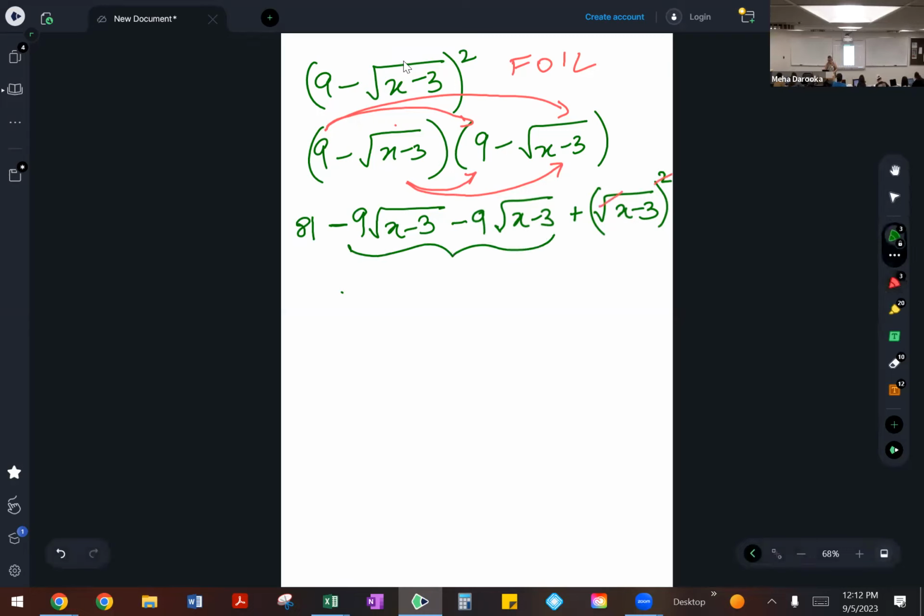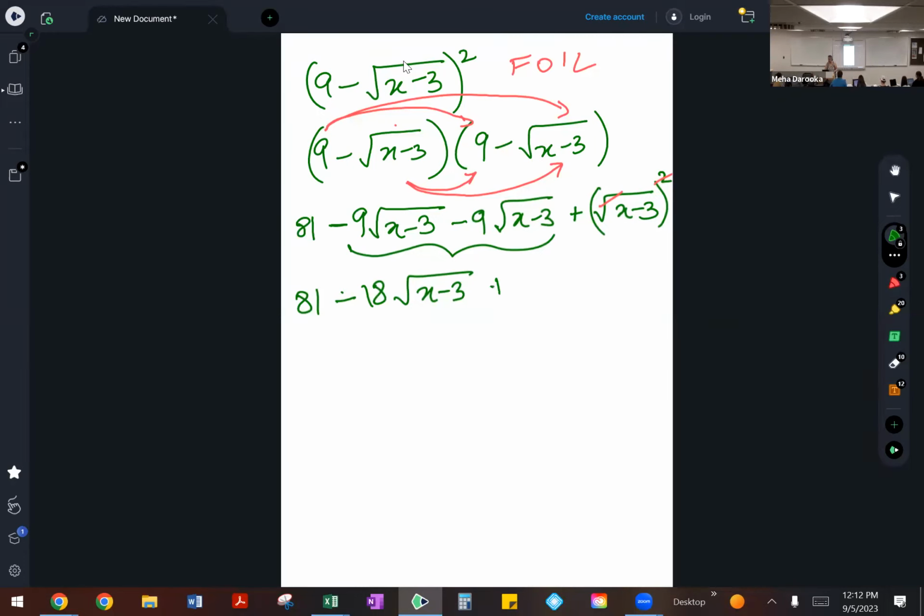Of course, we can combine these together. So 81 will stay as it is. What is negative 9 added to negative 9? Negative 18, right? And that square root of x minus 3 stays the same because nothing happened to it. It's just the 9s combined.